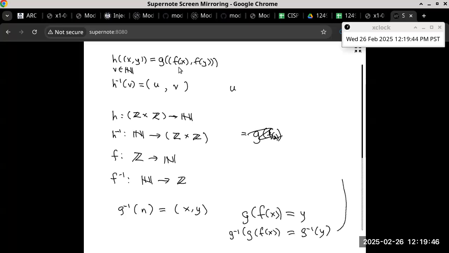So that means, if I look at this, I apologize for the messiness of this thing. Now we have f of x equals g inverse of y. Does that make sense? Because the whole purpose of an inverse function is to undo the function.